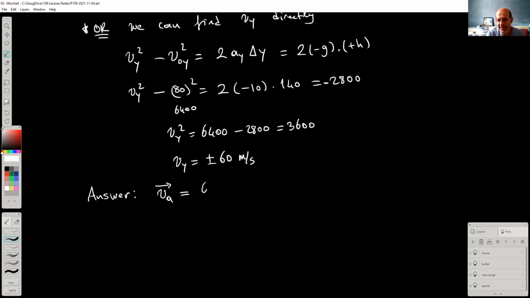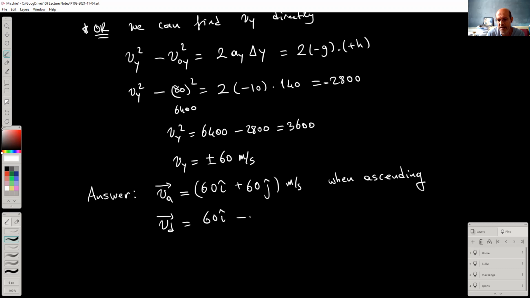So that's basically 60I plus 60J meters per second, let's say, when ascending, and the velocity when descending is 60I minus 60J meters per second when descending. Okay, so this is the answer for the velocity, right? It's not the speed in here.